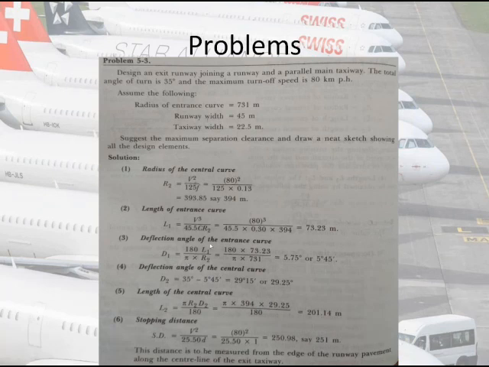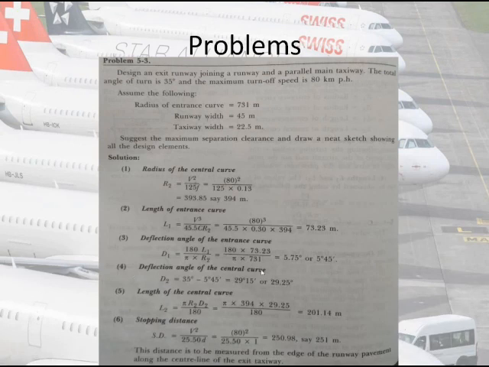So the deflection angle is given by this formula. Substitute the value of L1 and the value of R2, which we have calculated in the above cases. We get the value as 5.75 degrees.